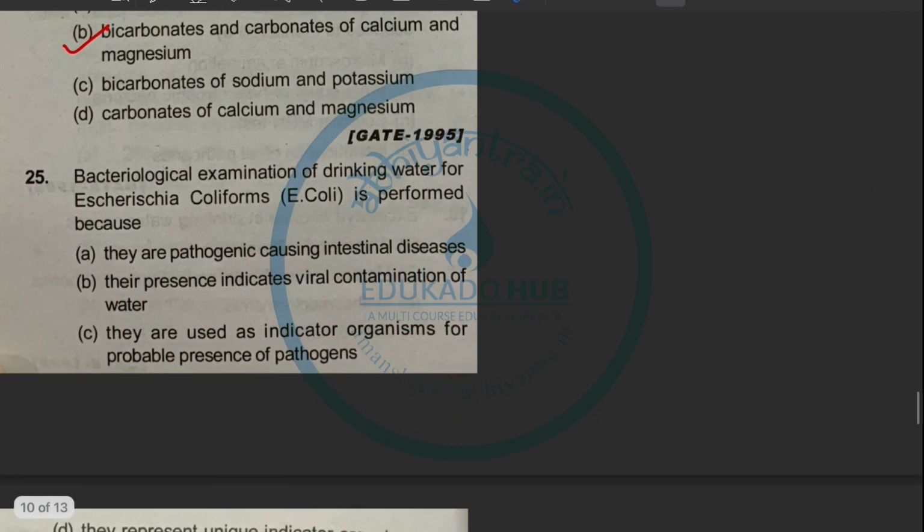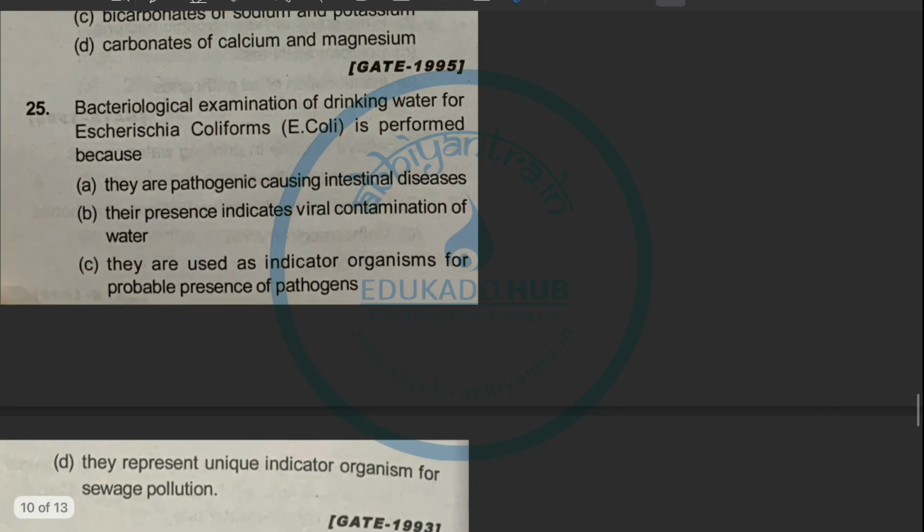Next is question 25: bacteriological examination of drinking water for Escherichia coli, in short E. coli, is performed because, this question is so important. We have seen this E. coli MPN test so many times. This bacteriological examination of drinking water is very much important. You should be focusing on this also.